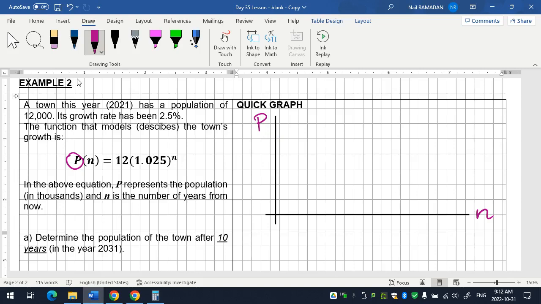Was it the year itself or what? The number of years since we started. Apparently, what year did we start? 2021. So everyone, I want you to write: N equals number of years, YRS, after which magic year? Yeah, after 2021. Okay.